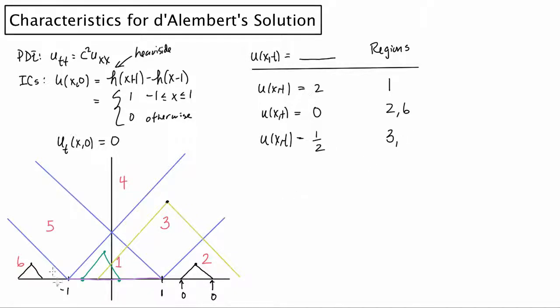And that's also true over here in region 5. You can see in region 5, half ends up on the purple line, half ends up off. And so regions 3 and 5 have value 1/2. And then region 4 is outside the small blue triangle, so its characteristics are going to hit 0 on either side, making it have a value of 0 as well. And so we've completely described what the wave looks like in those regions for all time.